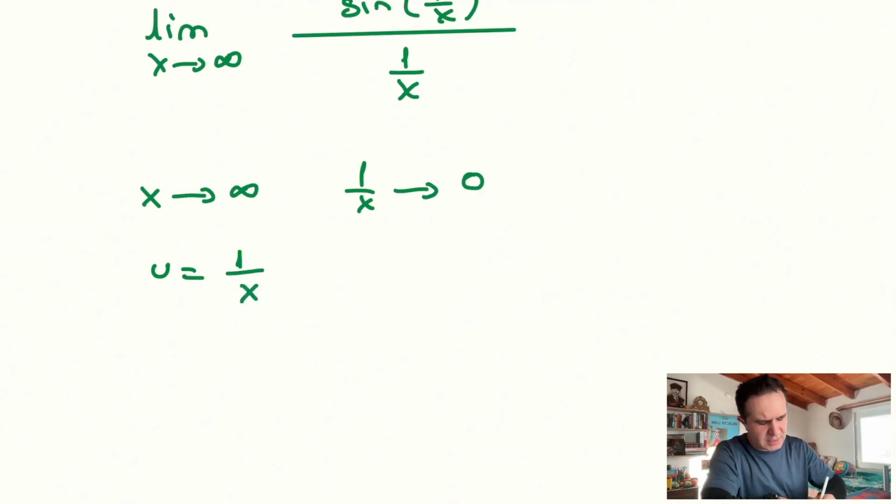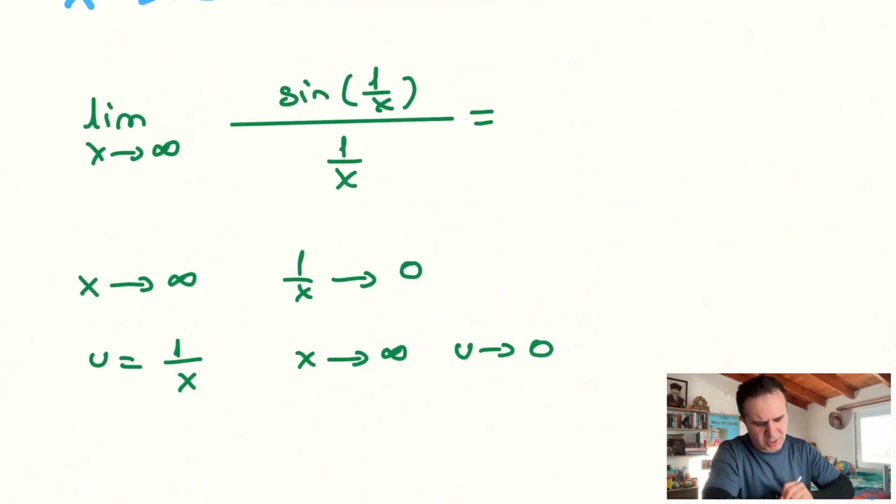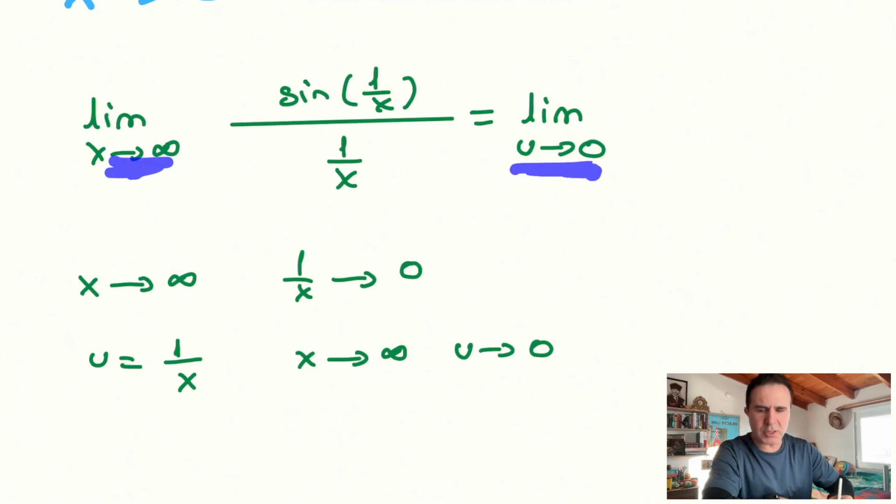Then we can say that if x approaches 0, u approaches infinity. Now, for the expression here, I will say the limit as u approaches infinity, because I know that if x approaches 0, u approaches infinity.